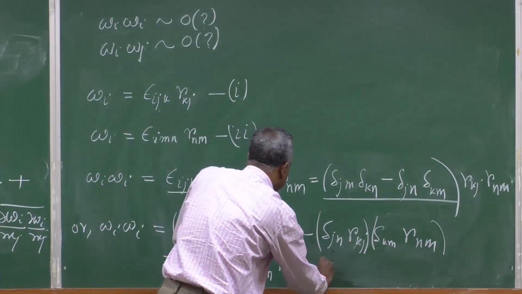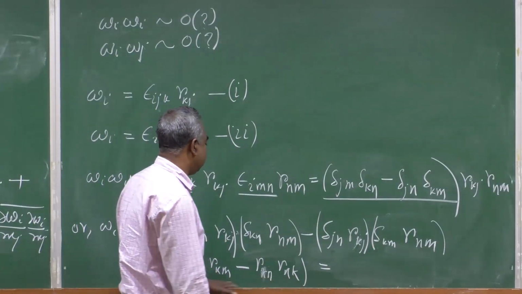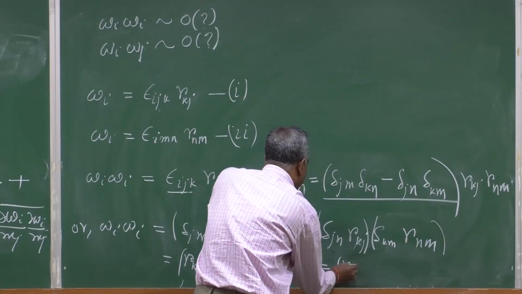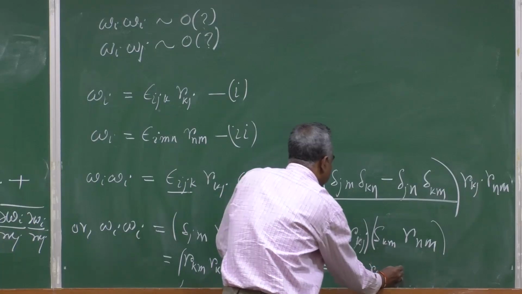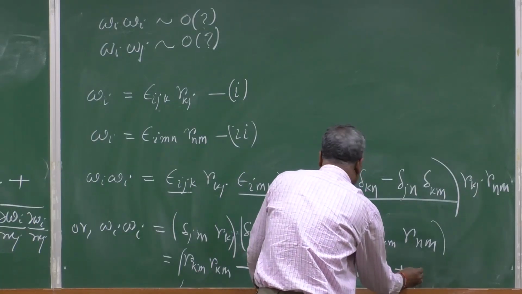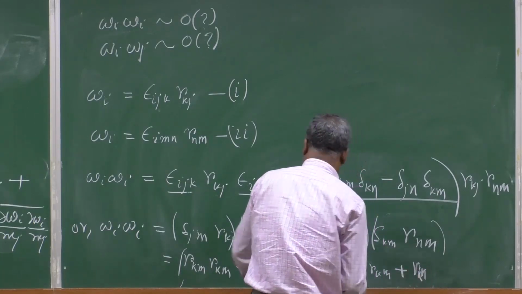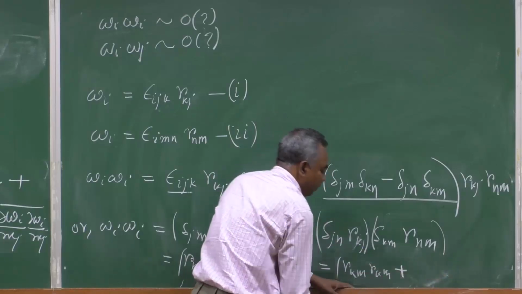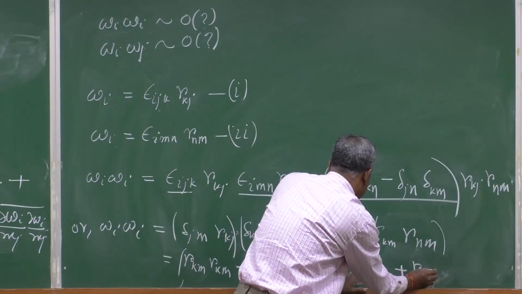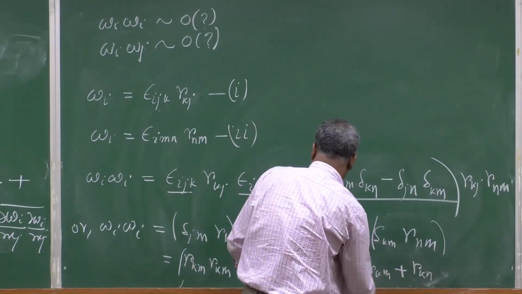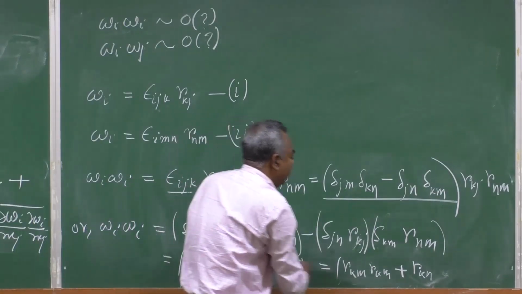So, here k and m are dummy indices, k and n dummy indices. So, this essentially you can write as r k m and r k m, minus or plus, r k n. If you exchange the indices n and k, then we can write it as minus of that.